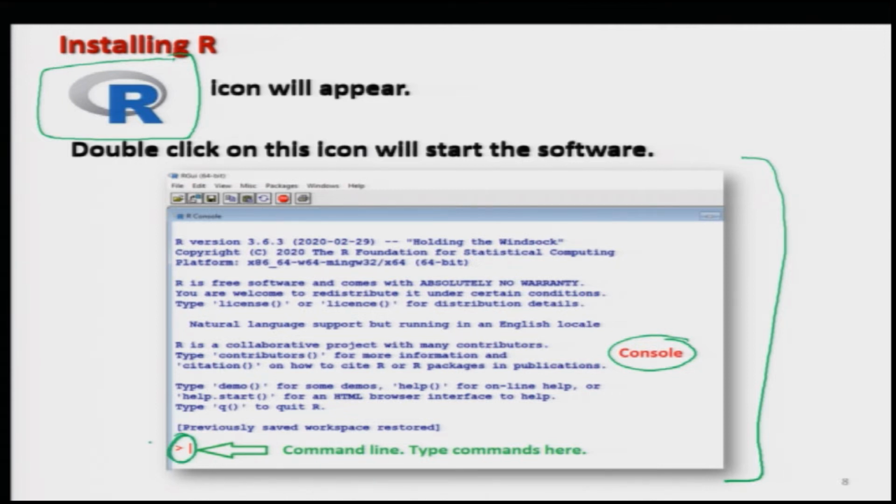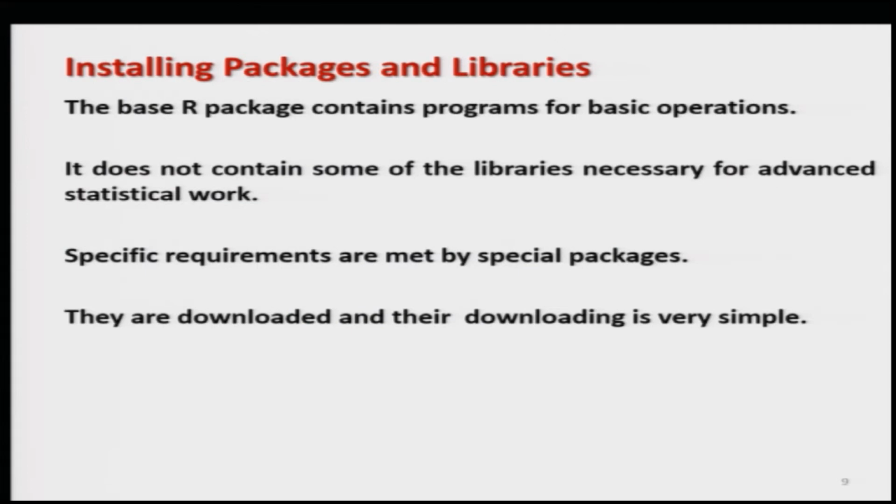This is called the command line, and we type our commands, our instructions at this place. Sometimes people use technical language like console, command line, and people really get badly confused about what those things are. So I just want to convey that these are very, very simple things. You simply have to look into the nomenclature.